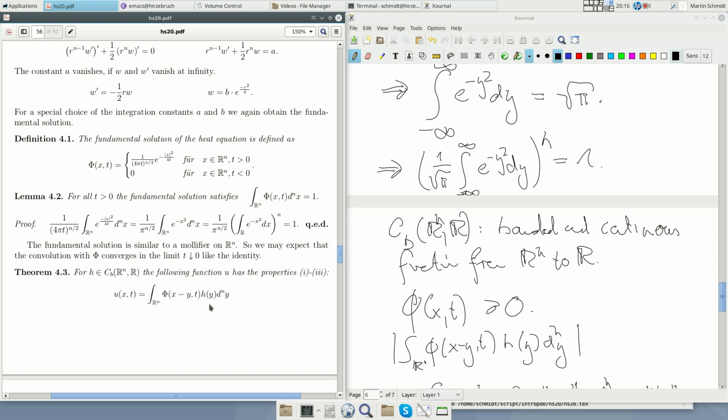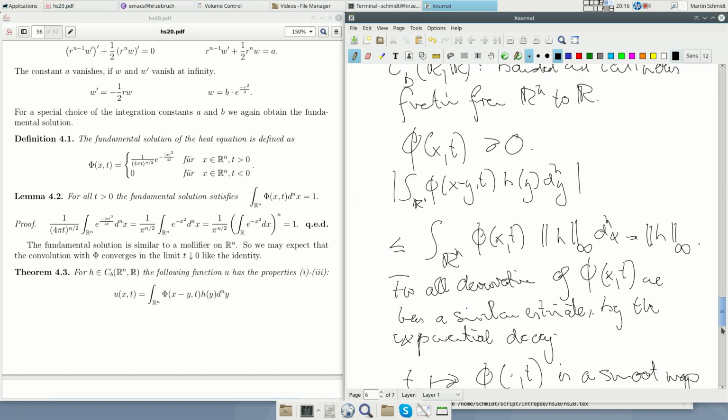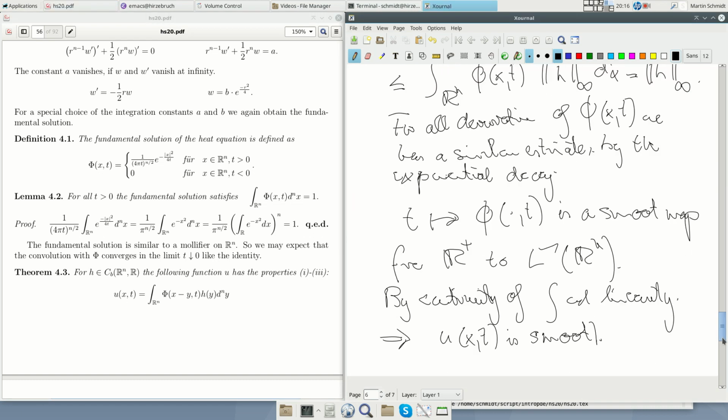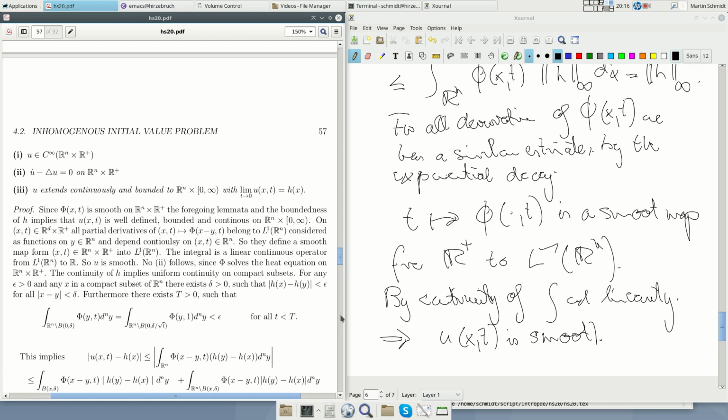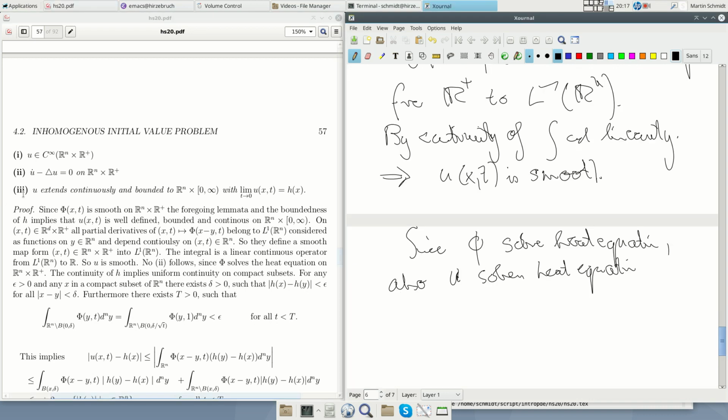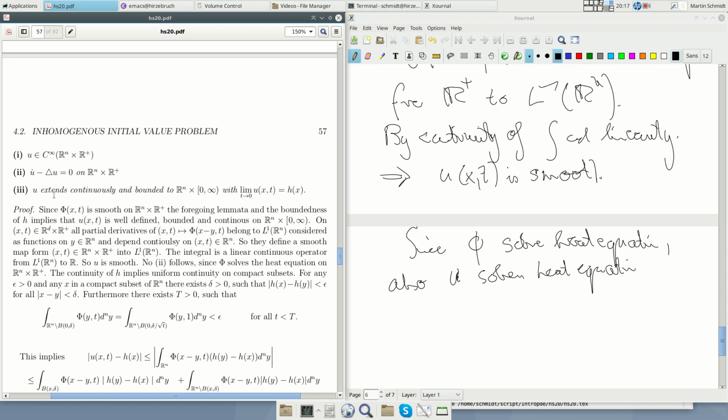So by this formula we see this. And now we have the second point. Now we want to prove the third point: what is the limit as t goes to 0?